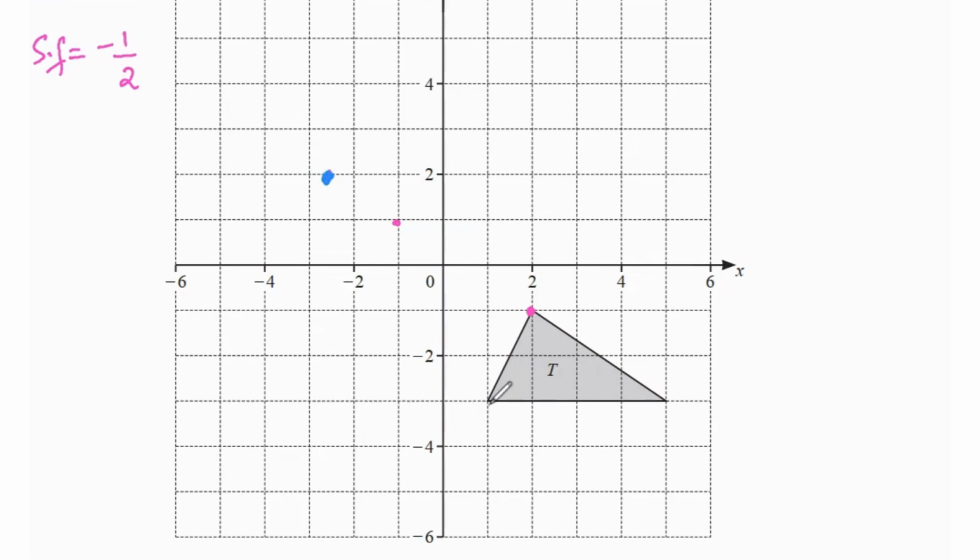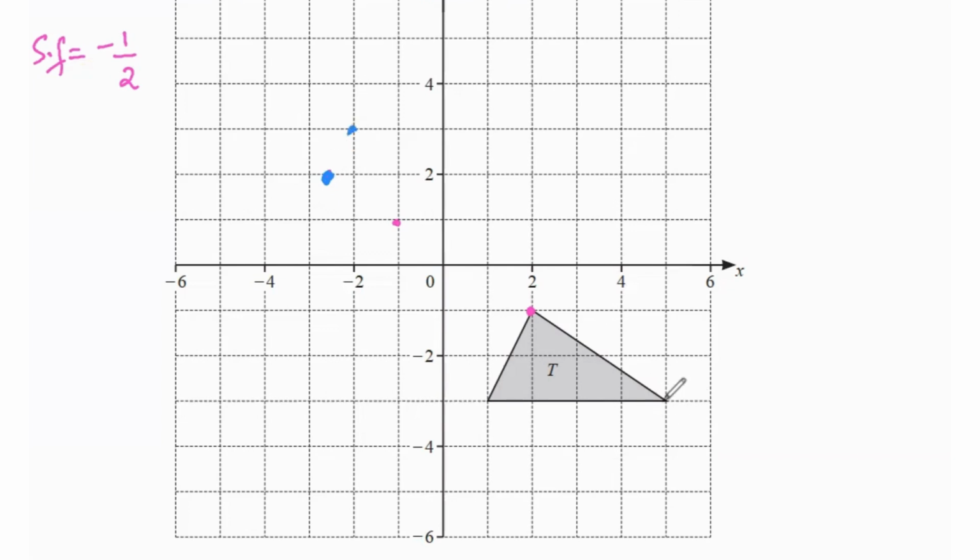Similarly, this point over here, which is 1, -3, is now 2 and 1. So horizontal distance is going to be 1 unit and vertical is going to be 2 units. That's over here. 1 unit horizontally, 2 units vertically.